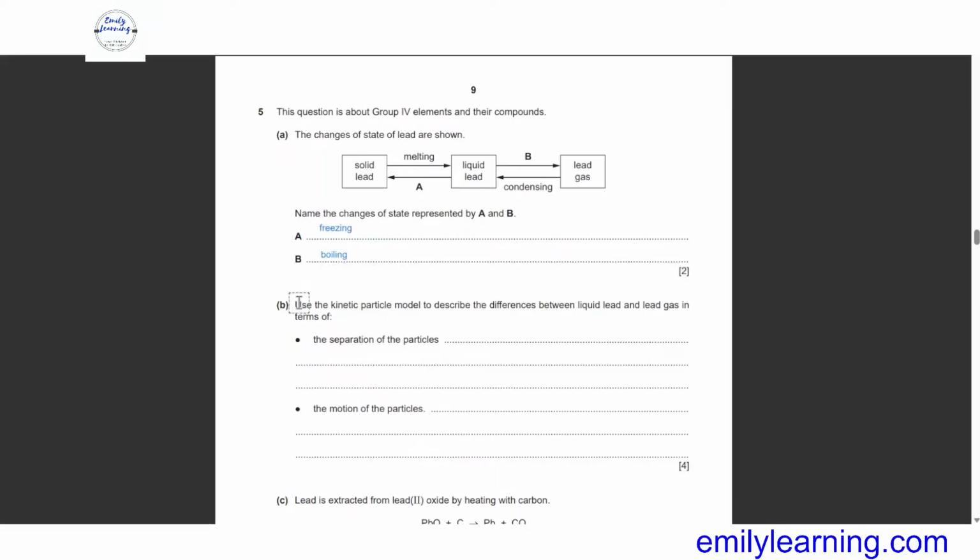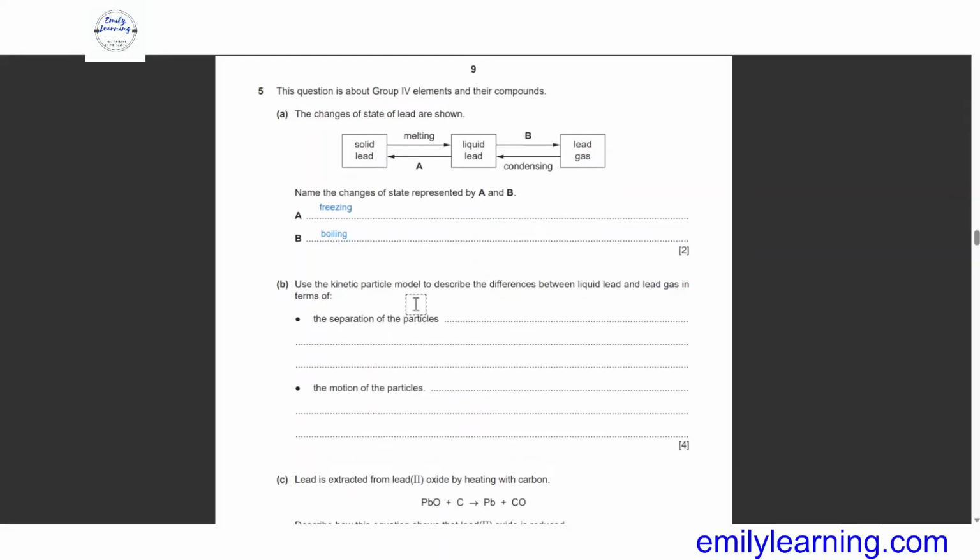Okay, next, use the kinetic particle model to describe the difference between liquid lead and lead gas in terms of the separation of the particles. So we know that in liquids, okay, the particles are closer together compared to gases, right?